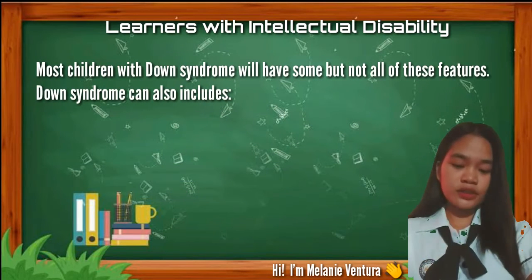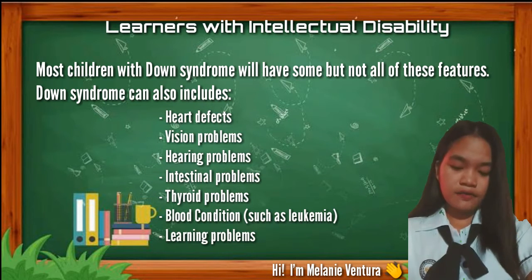But most children with Down syndrome will have some, but not all of these features. Down syndrome can also include heart defects, vision problems, intestinal problems, hearing problems, thyroid conditions such as leukemia, and learning problems.